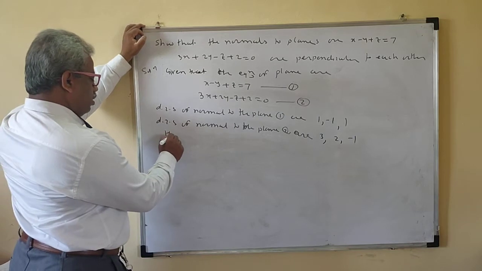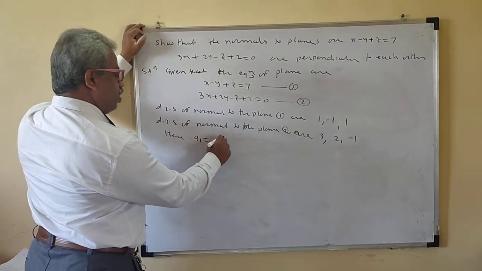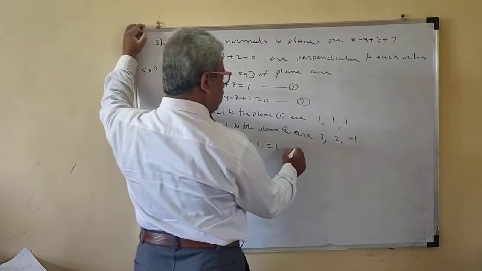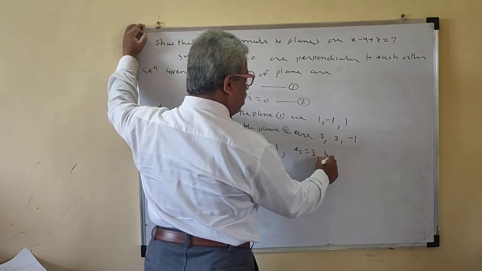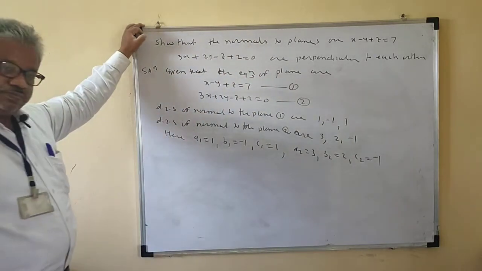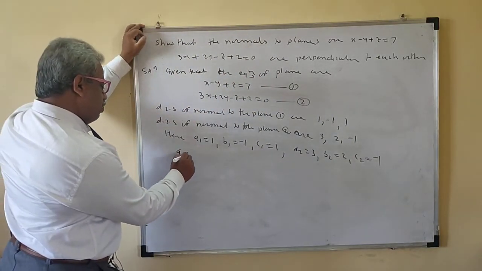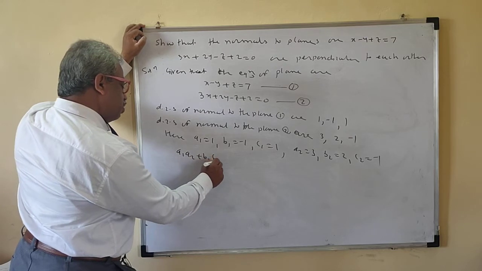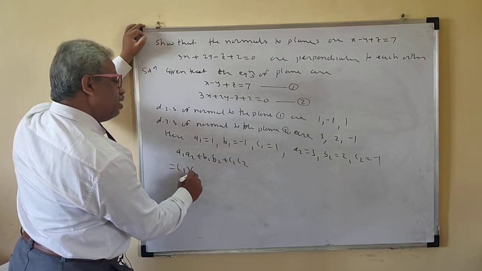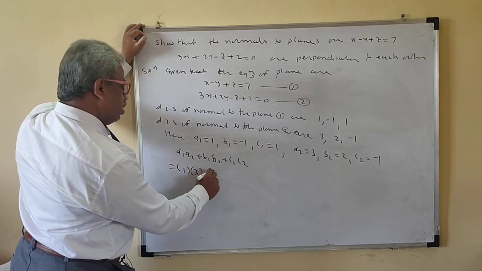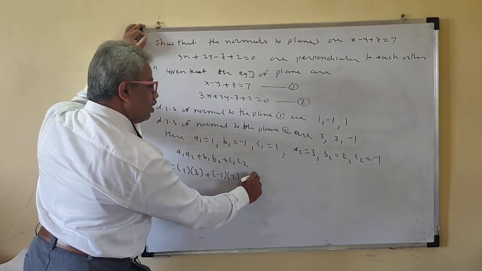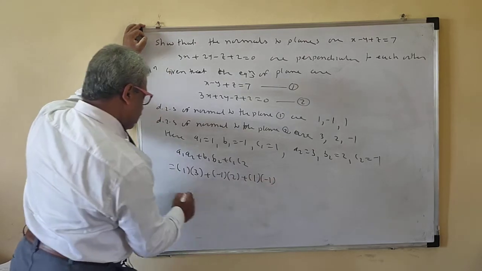So here A1 is equal to 1, B1 is equal to minus 1, C1 is equal to 1. A2 is equal to 3, B2 is equal to 2, C2 is equal to minus 1. So we'll find the value of A1A2 plus B1B2 plus C1C2. A1 is 1, A2 is 3, B1 is minus 1, B2 is 2, C1 is 1, C2 is minus 1.